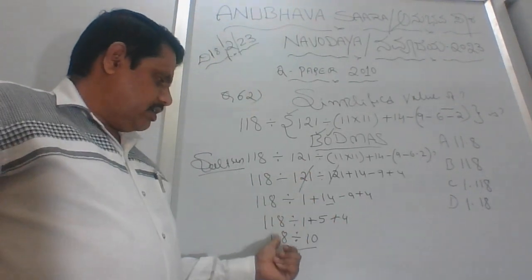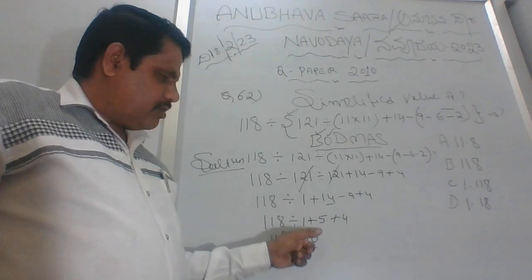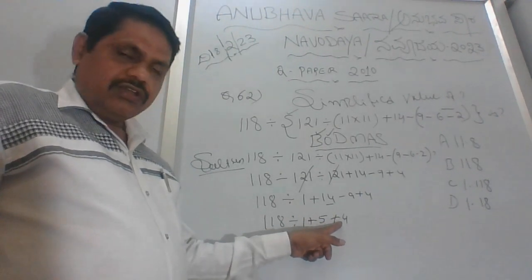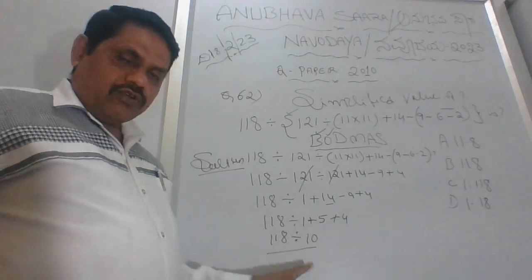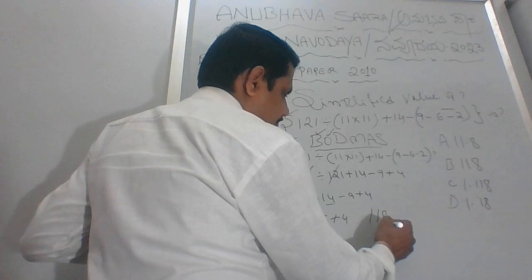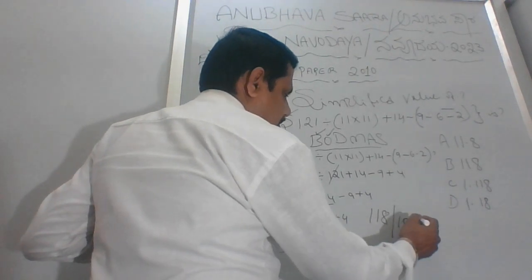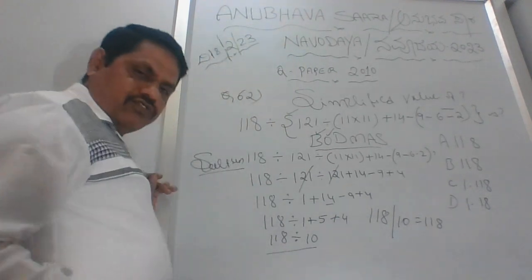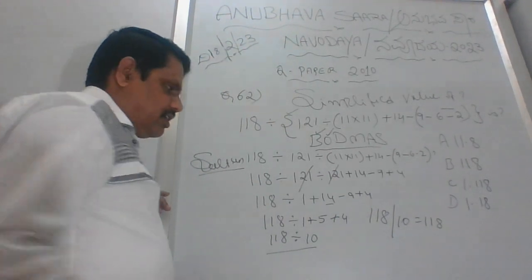Now 118 divided by the same. Now we are adding plus 5 plus 4 is 9, plus 1 is 10. So 118 divided by 10 is equal to 11.8.